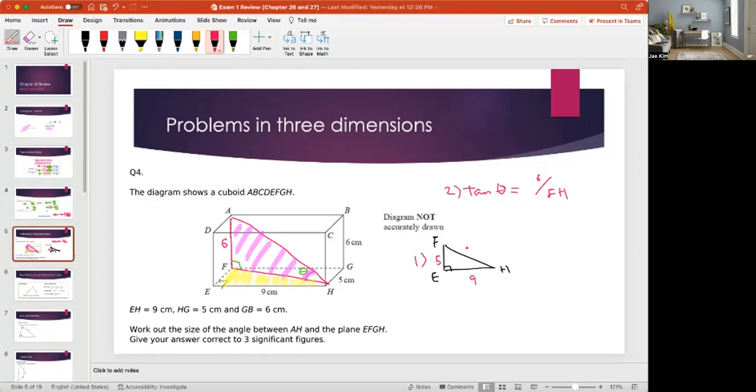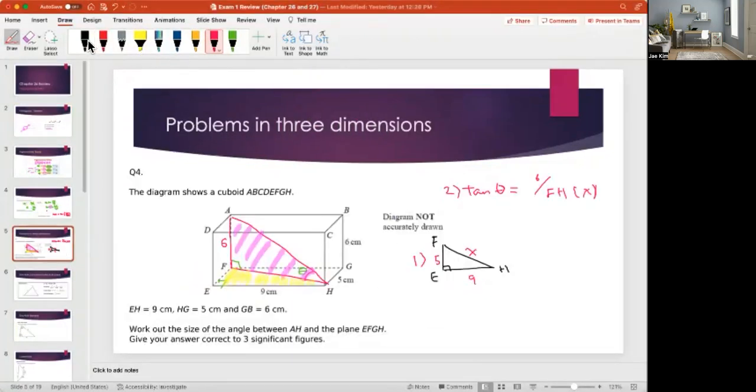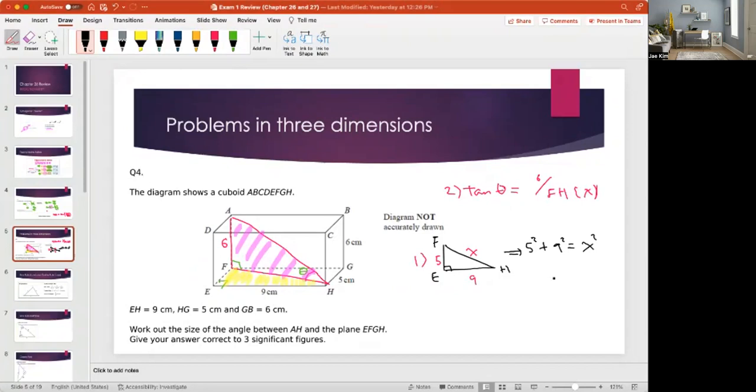And FH, let's call that X, is this. So we would use Pythagoras theorem, which is here. So we will say 5 squared plus 9 squared equals X squared, where X is square root of 5 squared plus 9 squared.